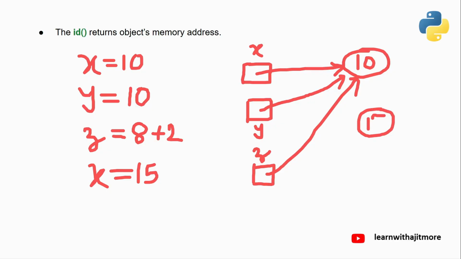See how smart they have been: instead of creating objects again and again, some standard values are kept. Why? Because the Python community says that most of the time programmers deal with values in the range -5 to 256. So instead of creating those objects every time, they are kept in the pool, and whoever needs them takes them from the pool.